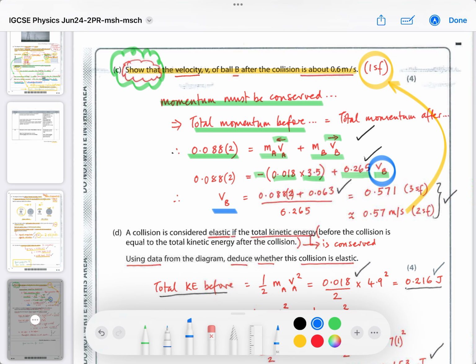Put the numbers in, do the algebra, you'll see it comes to 0.571. To two significant figures, 0.57. And to one significant figure, it is actually equal to what they asked us to show. And show that means go back to the question and show that you understand what you're doing. Okay? Go back to the question.